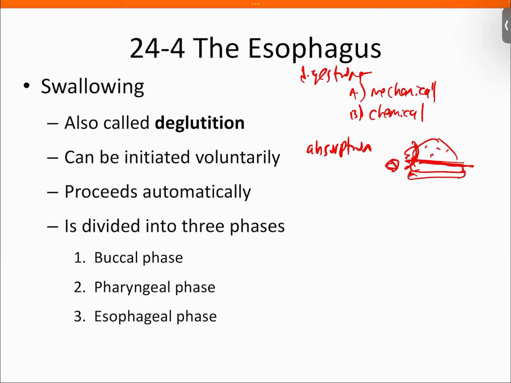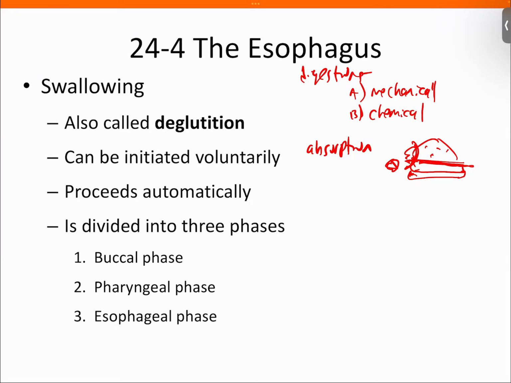And then you start chewing it. In chewing in your mouth, you've got both mechanical and chemical. Why? Mechanical because you are mechanically grinding it up into a smaller and smaller food bolus, right? And chemical because you're mixing it with your saliva, which has enzymes in it. And not only that, but you're trying to liquefy it into a paste.